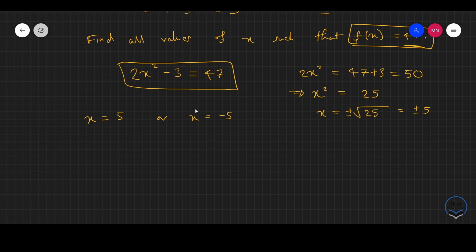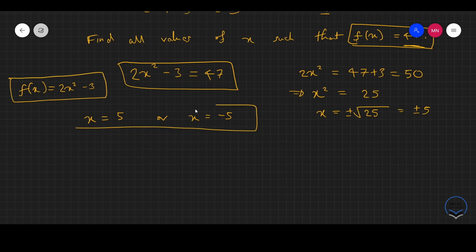Now, once again, our function that was given to us was 2x squared minus 3. So these are our values of x, and we can easily check our answers by substituting each one of these values into the function to see if we get our output 47. So when x is equal to 5, we have f of 5 is equal to 2 times 5 squared minus 3.